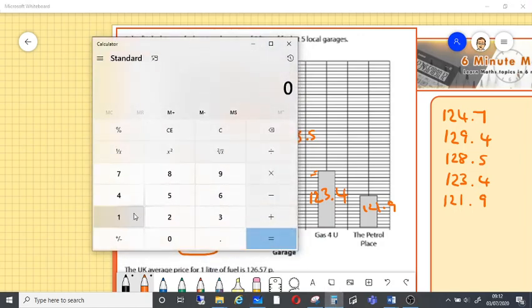Okay, so let's get our trusty calculator and find the total of the values. This is a 5-mark question, so you would expect more to it. Be very careful with your calculations, and on the test, always check it again just to make sure you have got the right values in there.